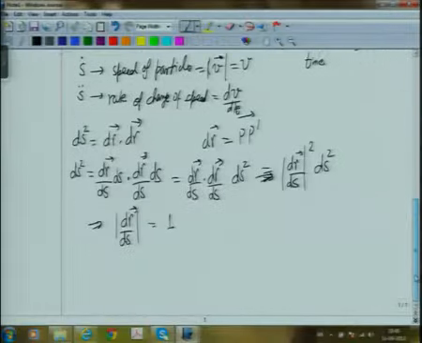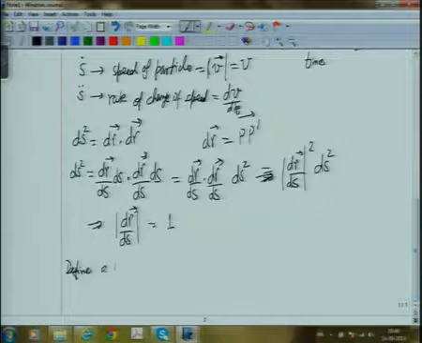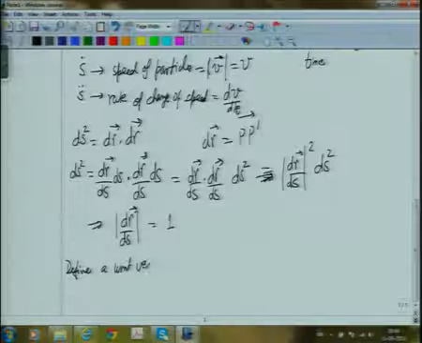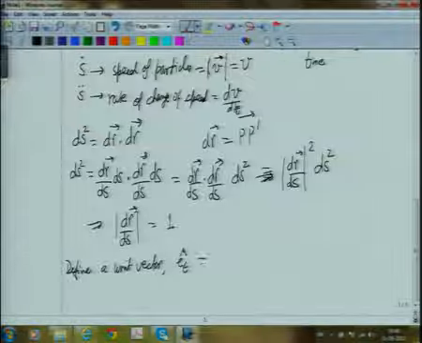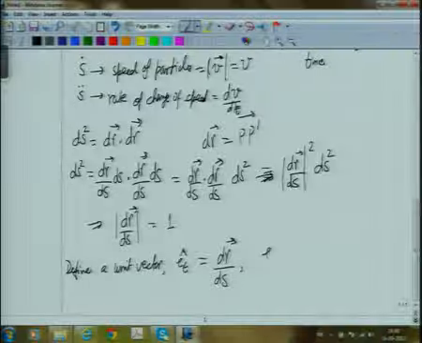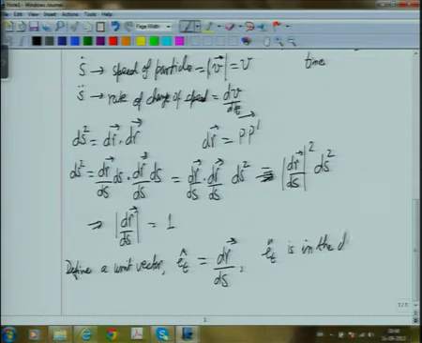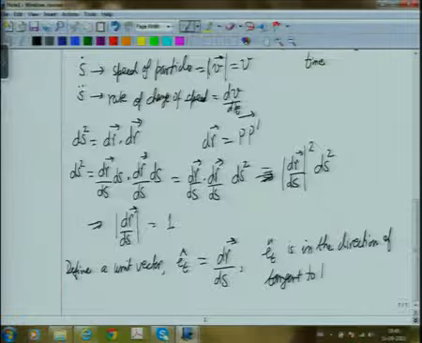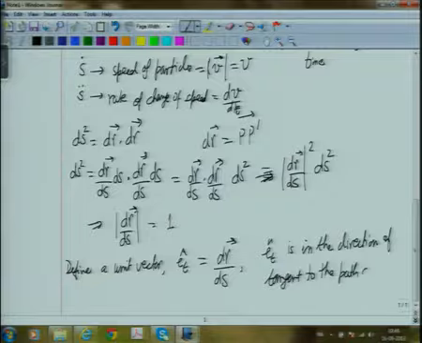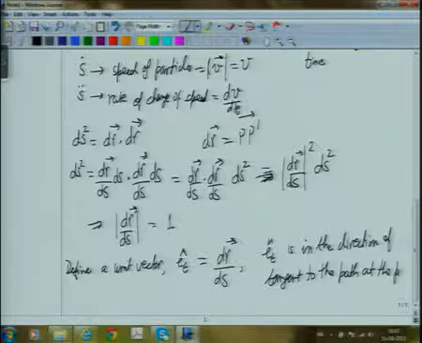So given these path coordinates, we have now defined a unit tangent vector, which I will term Et, equal to dr by ds. What we have shown is that Et is in the direction tangent to the path at the point.